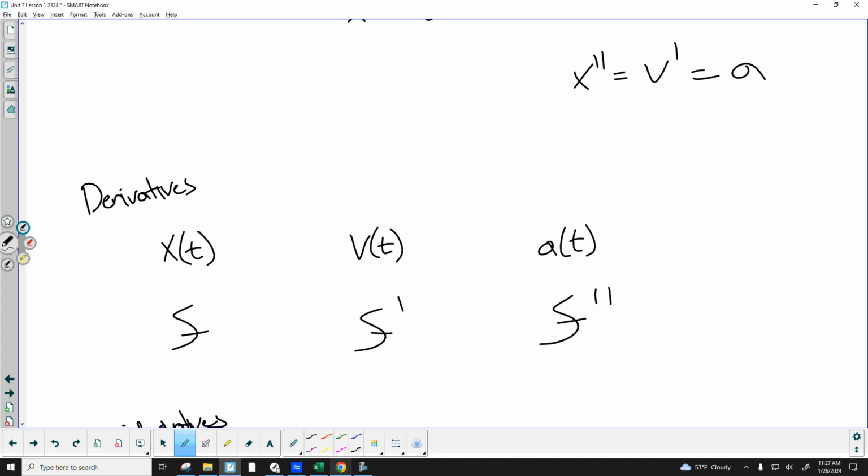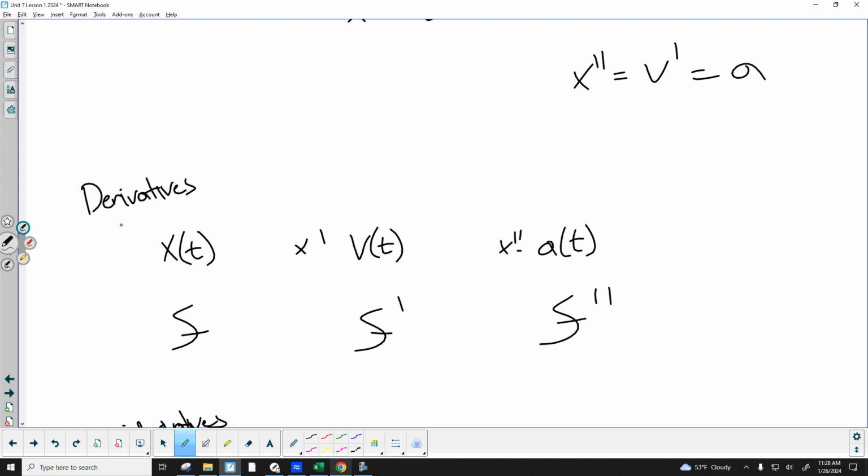It doesn't say x prime and x double prime. It says, if we're talking about the rate of change of position, we're just going to call that velocity, instead of always having to say the rate of change of position. Instead of having to say the rate of change of the rate at which position is changing, which is the second derivative, they're like, let's just call that acceleration. But it's the same as a function, its derivative, and its derivative.